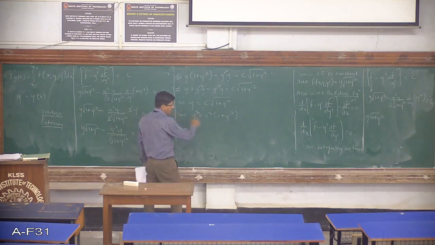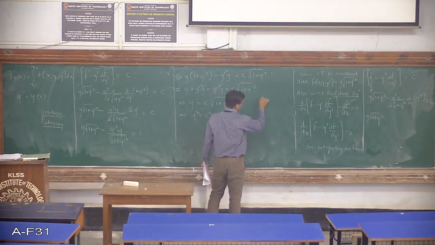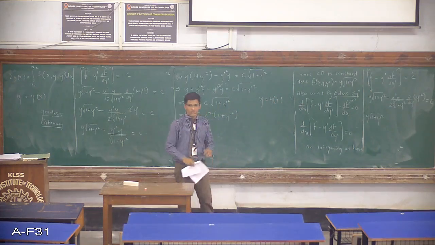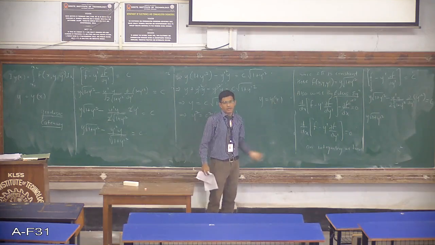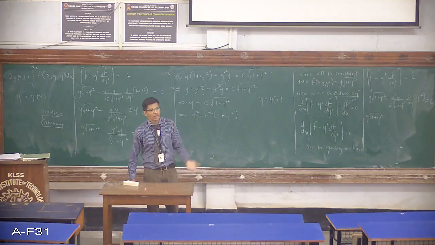So here I still have this derivative. I want my expression to be in the form of, as I said, y is equal to y of x. Sometimes the course with respect to the problem domain will change. It might be in terms of time, or in terms of angles, some angle theta.